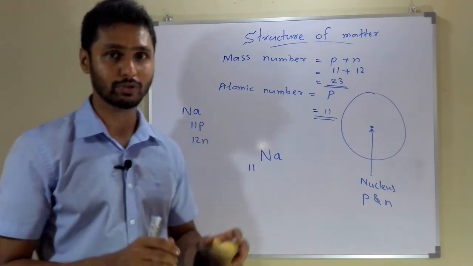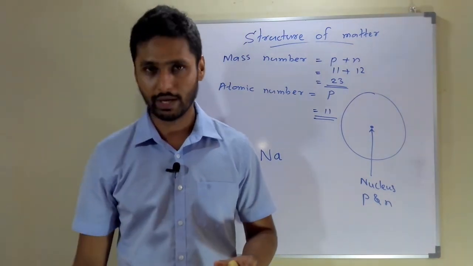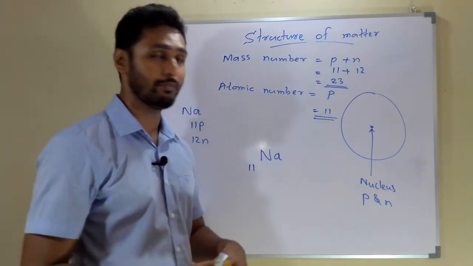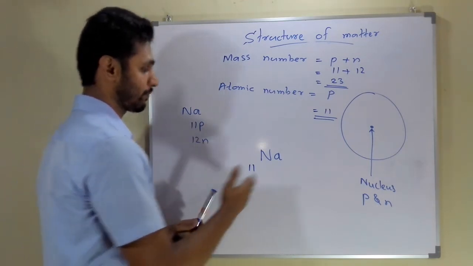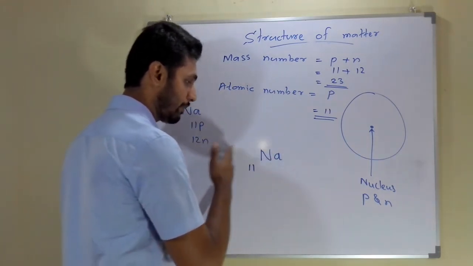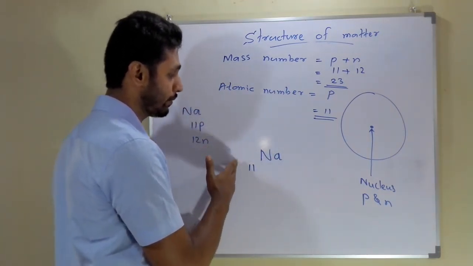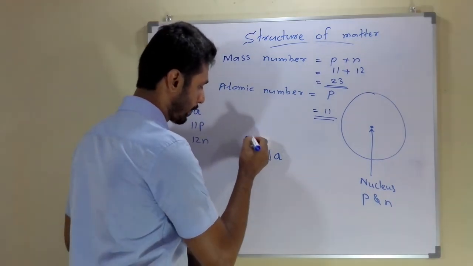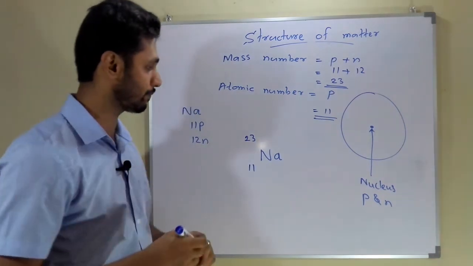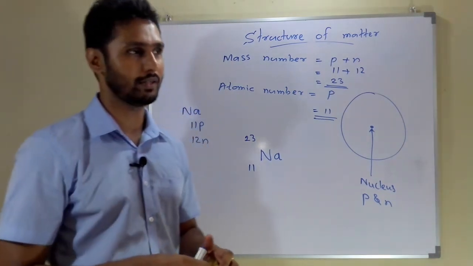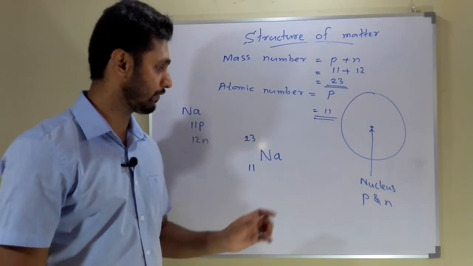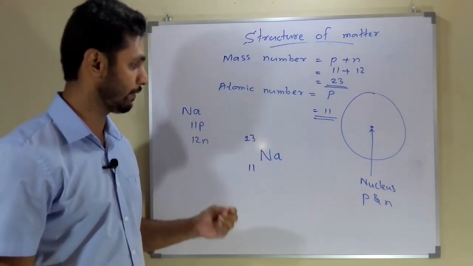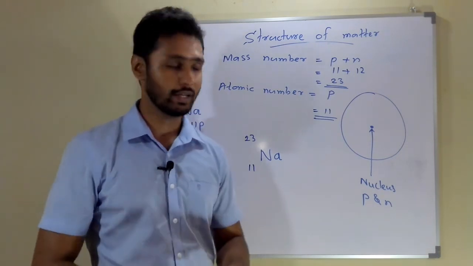Then the atomic number should be in the left side and it should be bottom of the left side. And mass number is indicated in the same side, that means in the left side itself, and it should be top of the symbol like this. This is the method of indicating the atomic number and mass number with the symbol of atom.